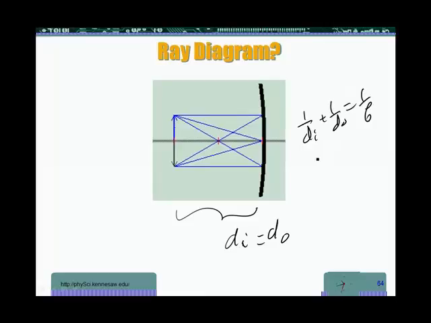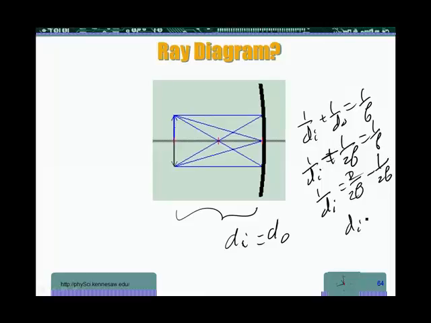So if DO is twice f, then when we move it to the other side, 1/di is equal to 1/f minus 1/(2f), so di is equal to twice f as well.